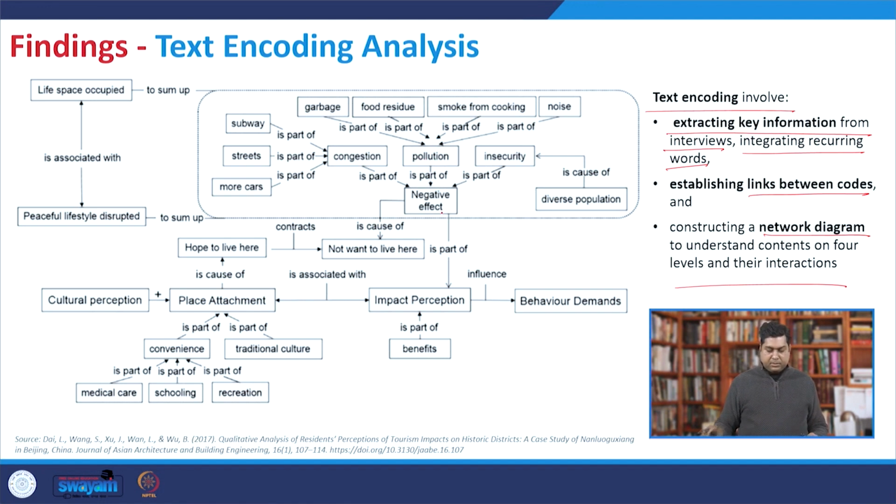Now, in this case definitely these are some of the negative effects. Congestion is a particular result, whether it is because of the street, or more cars, or the subway. Like that, whenever you have some negative effect, it can cause people to not want to live here.